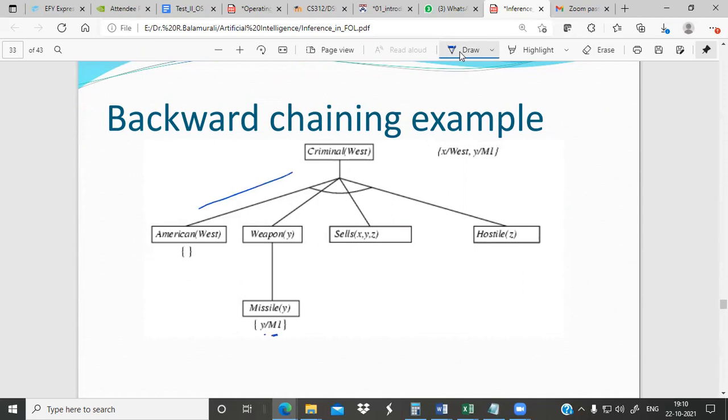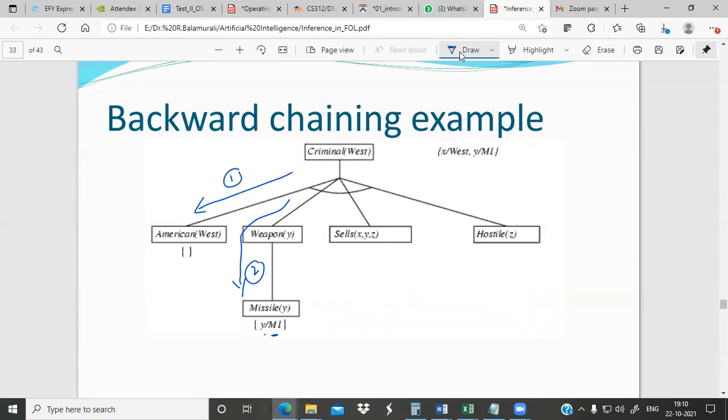So first we have gone through this branch, then we have gone through that branch. In the first, X is replaced with West. In the second, Y is replaced with M1. So already we have sorted out what X is, and also what Y is.